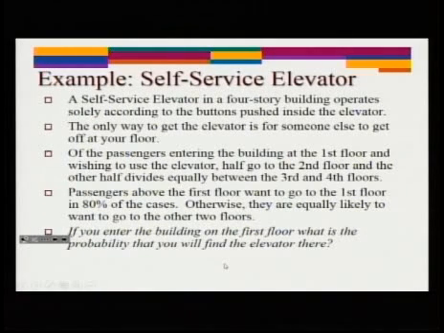So how did you define the state of the system? Because there are 4 different floors, right? First floor through 4th floor. The state of the system would be the location of the elevator, which will be either the 1st floor, 2nd floor, 3rd floor, or 4th floor at the end of each trip.